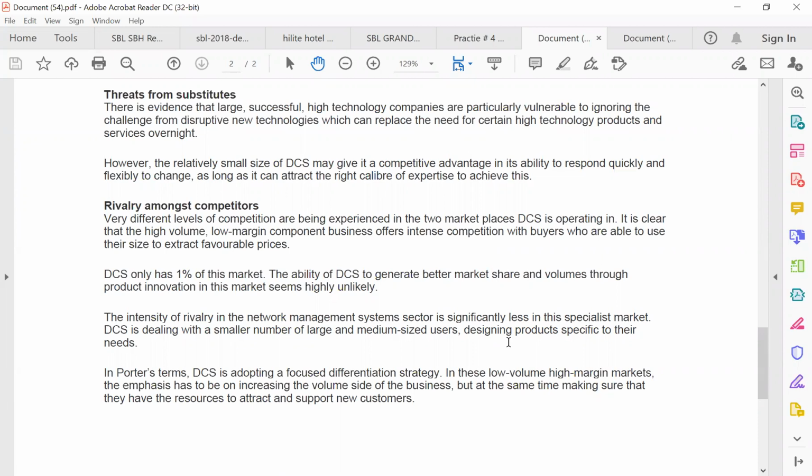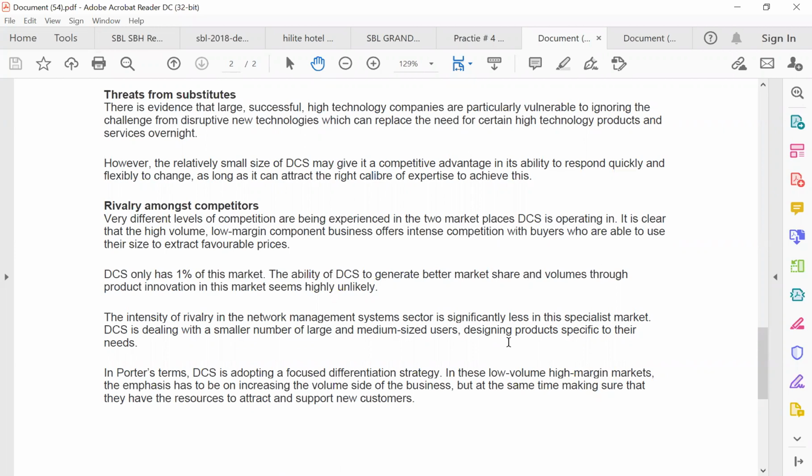The intensity of rivalry in the network management sector is significantly less in this specialist market. DCS is dealing with a smaller number of large and medium sized users, designing products specific to their needs. In Porter's terms, DCS is adopting a focused differentiation.